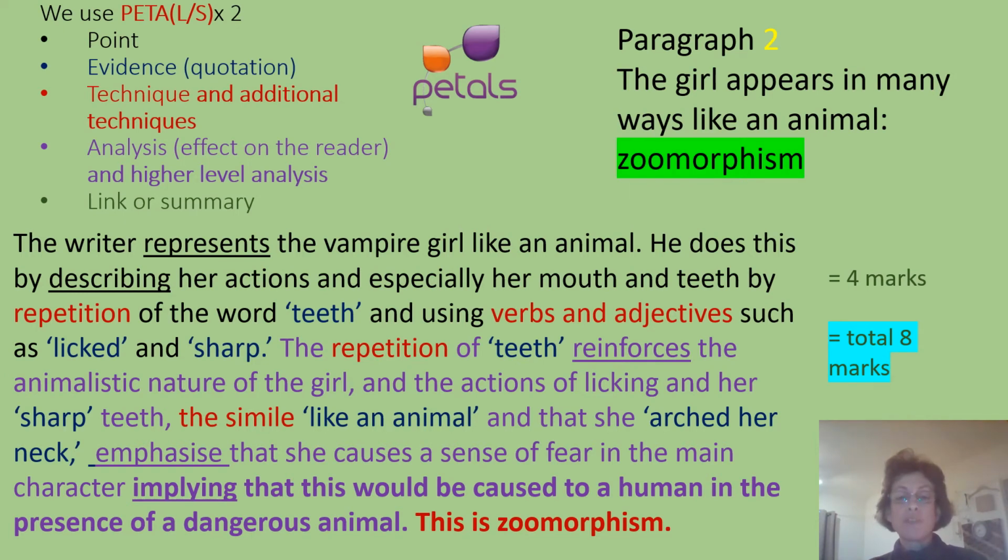The repetition of teeth reinforces the animalistic nature of the girl, and the actions of licking and her sharp teeth, the simile like an animal, and that she arched her neck, emphasise that she causes a sense of fear in the main character, implying that this would be caused to a human in the presence of a dangerous animal. And this is zoomorphism, which is a technique we noted down just earlier. So you should get 4 marks for that paragraph, making a total of 8 marks with the previous one.